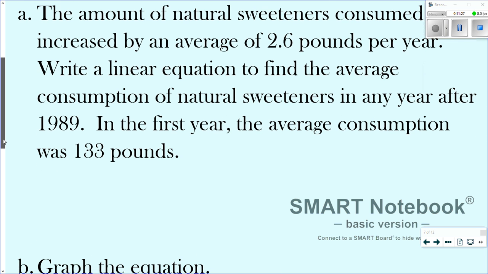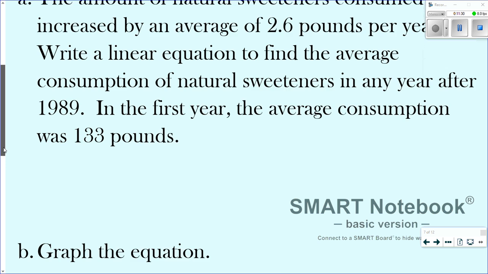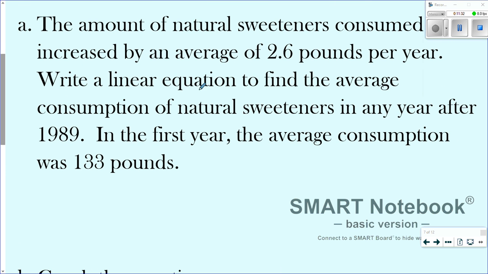All right, so there's a lot to take in. We need to know what our m is and what our b is. So the first thing, we look at the numbers. This one says increase by an average of 2.6 pounds per year. That tells you it's the rate, because for every year 2.6 pounds is added on. And then it says the first year the average consumption was 133 pounds.